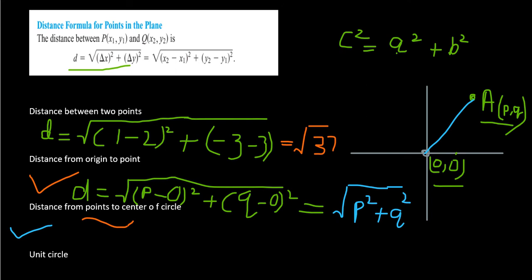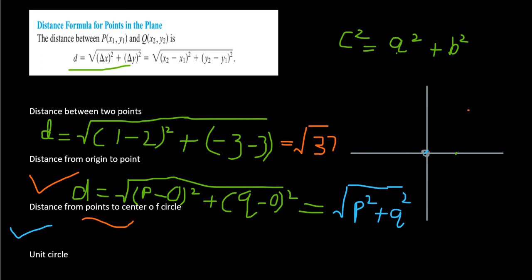I am erasing this point again to plot the third one, that is distance from points to center of a circle.